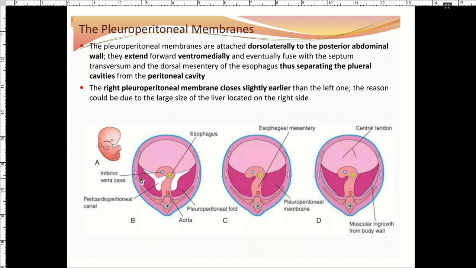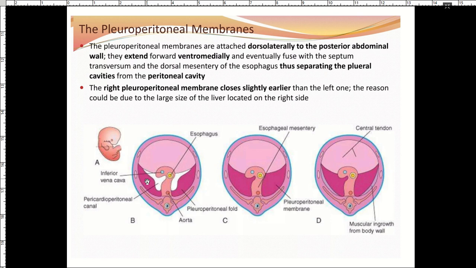You can see these are your pleuroperitoneal folds. This space is called the pericardioperitoneal canals, which facilitates the communication of the peritoneal cavity and the pleural cavity.